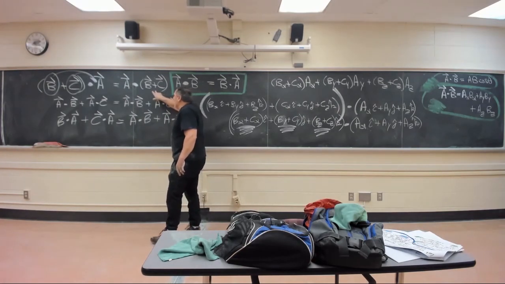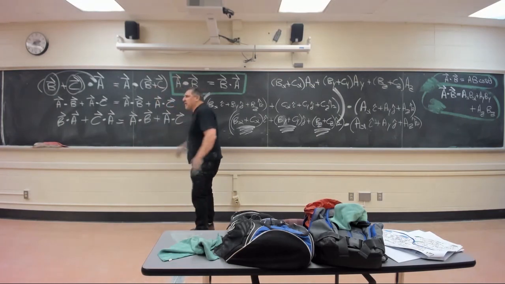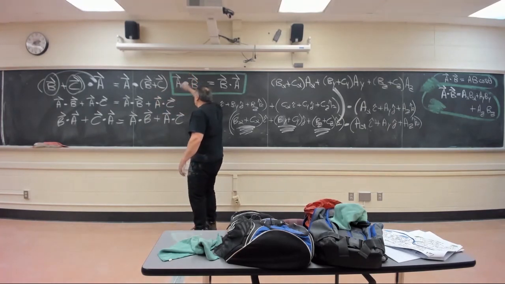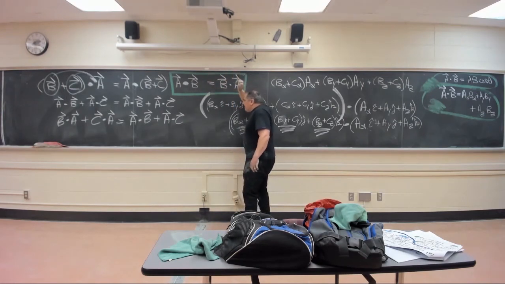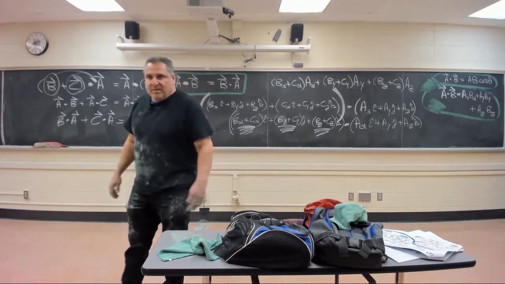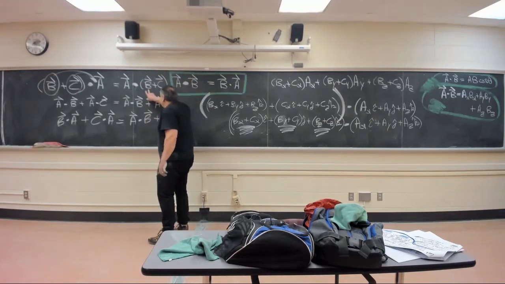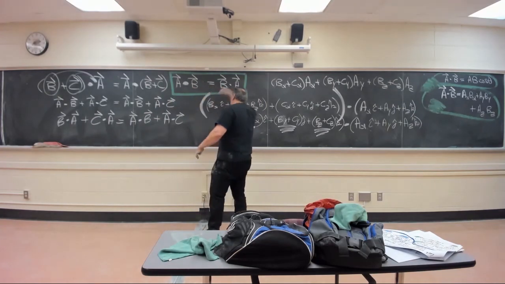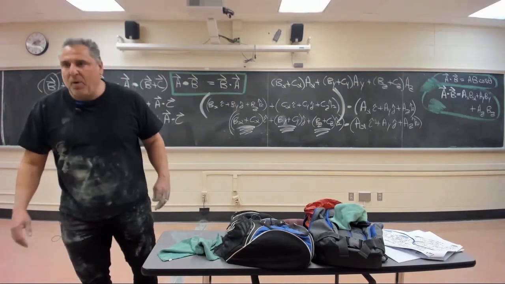I mean B vector plus C vector plus C1 vector, I'm running out of letters, plus C2 vector, and so on, plus C100 vector. I've got 102 vectors here. I could have 1,000,002 vectors if I wanted.